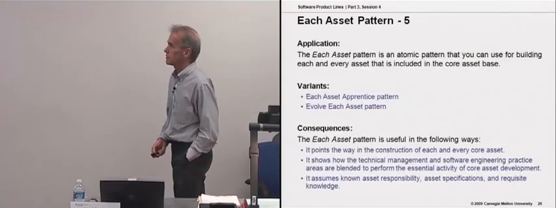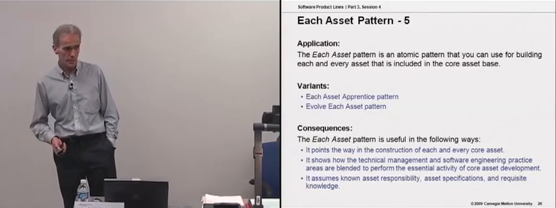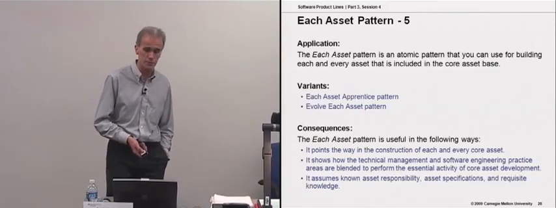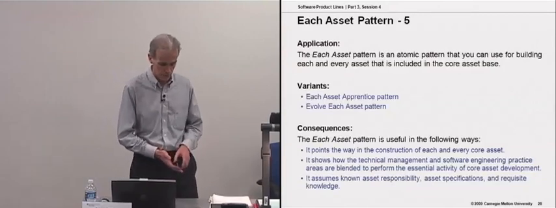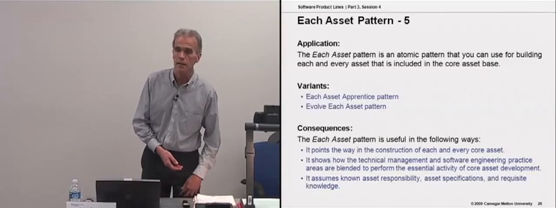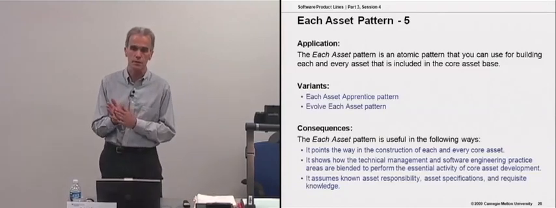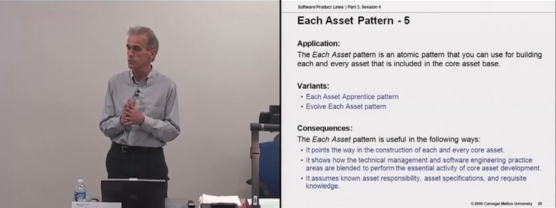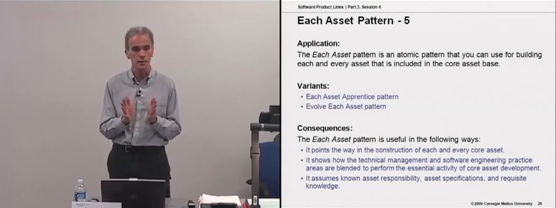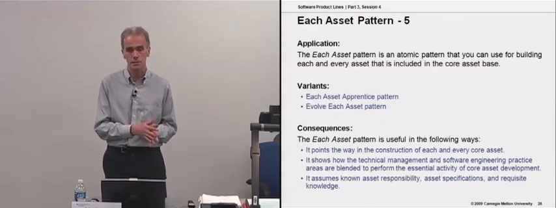There's also a variant that we call the evolve each asset pattern. And this is an area of some current research. In fact, one of our colleagues, a visiting scientist at the SEI, has written a technical report on the evolution of product line core assets. There's also work being done elsewhere in the area of the evolution of software architecture.